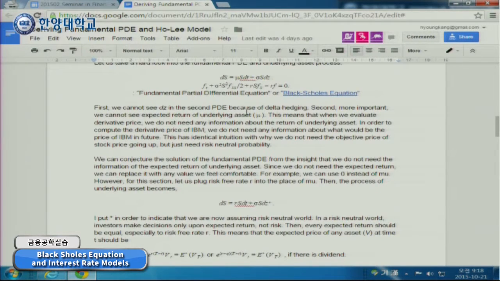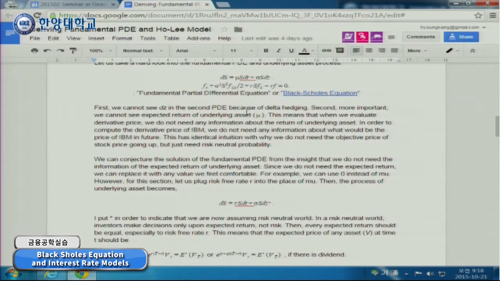If the IBM stock price goes down, we don't exercise the call option, right? But the value of the call option doesn't depend on the probability of IBM stock going up or down. That's very surprising. I was surprised when I first saw this one.